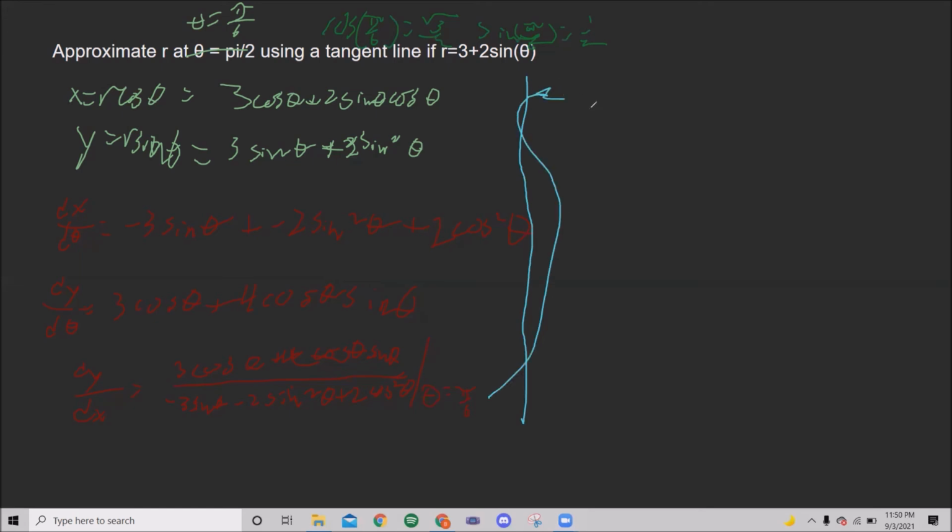Okay, so 3 cosine theta is going to be 3 over 2 √3 plus √3, over -3 over 2 minus 1/2 plus 3 over 2. Okay, that actually wasn't that bad.